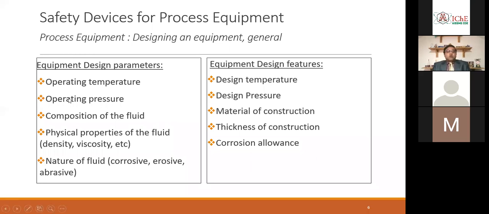These are operating temperature, operating pressure, what is the composition of the fluid that it is going to handle, what physical properties of the fluid that it is going to handle, like density and viscosity, and what is the nature of the fluid: corrosive, erosive or abrasive, having solids and all. So based on these parameters, the design temperature, design pressure, material of construction, the thickness of construction, and the corrosion allowance of the equipment is determined.